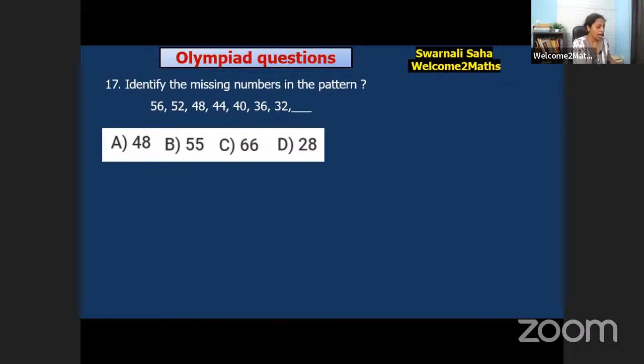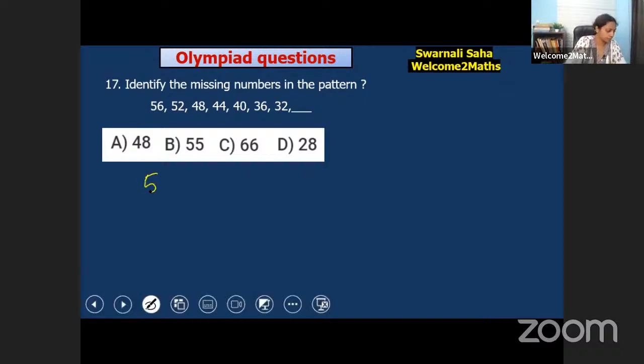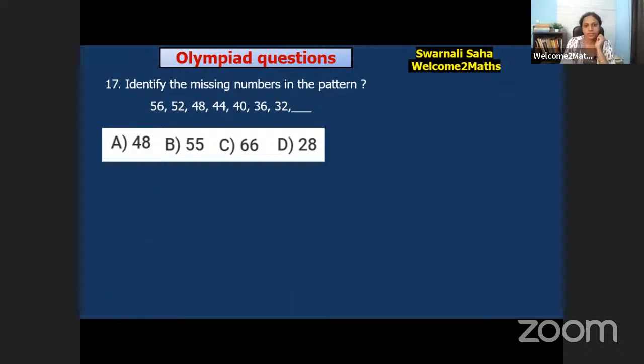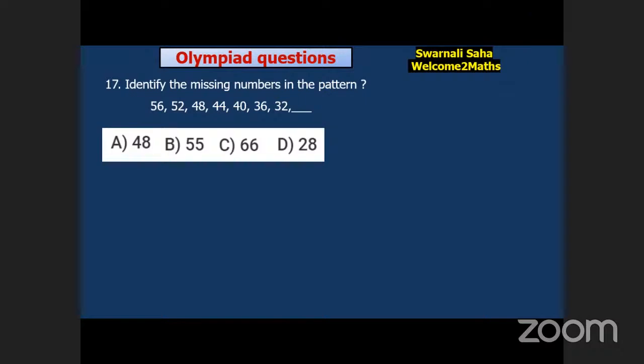And here we have 56, 52, 48, 44, 40, 36, 32. Which would be the answer? Try it, then I will tell you the answer. 28 is the answer. Let's see.